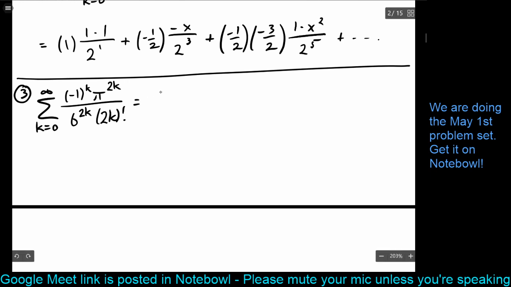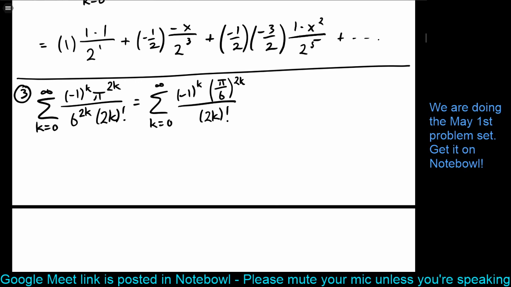So if we rearrange this a bit, we'll put the -1 to the k here. These two, since they're both to the 2k power, let me write it like this. Does that give you a hint as to what this should be?